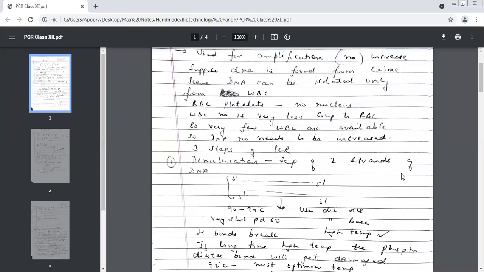Even if normally we have to extract DNA from somebody's body, it will be extracted from WBCs, and the number of WBCs is very, very less. So obviously, we cannot take out DNA from all the WBCs of an individual. What we will do, we will take out one strand of DNA from a WBC and make multiple copies of that particular DNA. Fine. And which process are we going to use for making multiple copies?